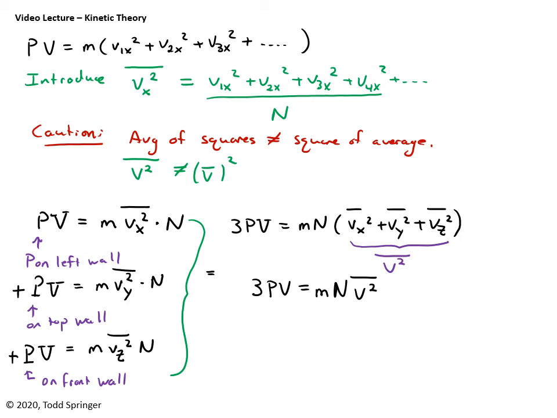And sometimes you might see this written a little differently. You might see this written like PV is equal to 1/3 m N, and then sometimes people write this V_RMS squared. RMS means root mean squared.